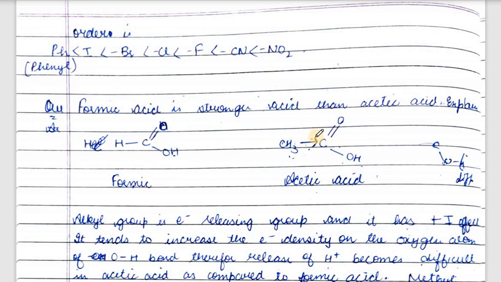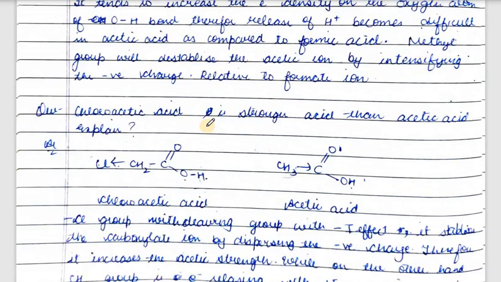So it increases the electron density here, and the oxygen will not attract the electrons of hydrogen, and this release will be difficult. But in formic acid, there is no electron releasing or withdrawing group present, so H+ will be released easily as compared to acetic acid. So it is a stronger acid than acetic acid.